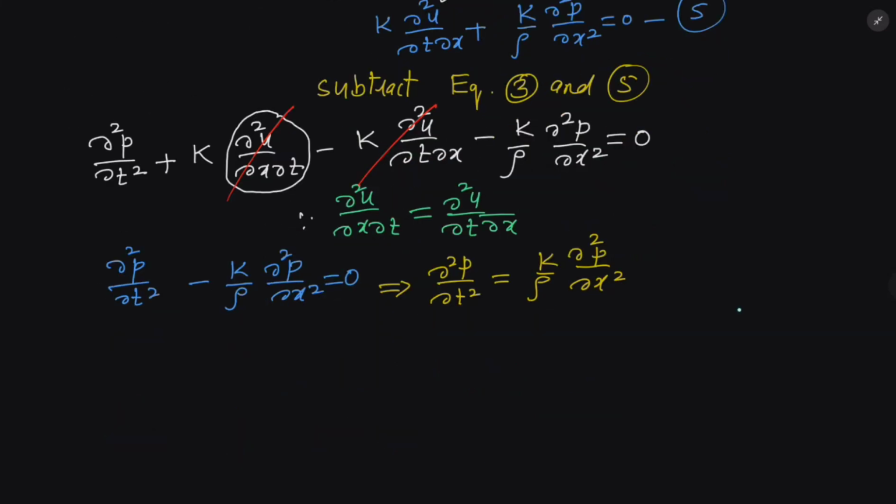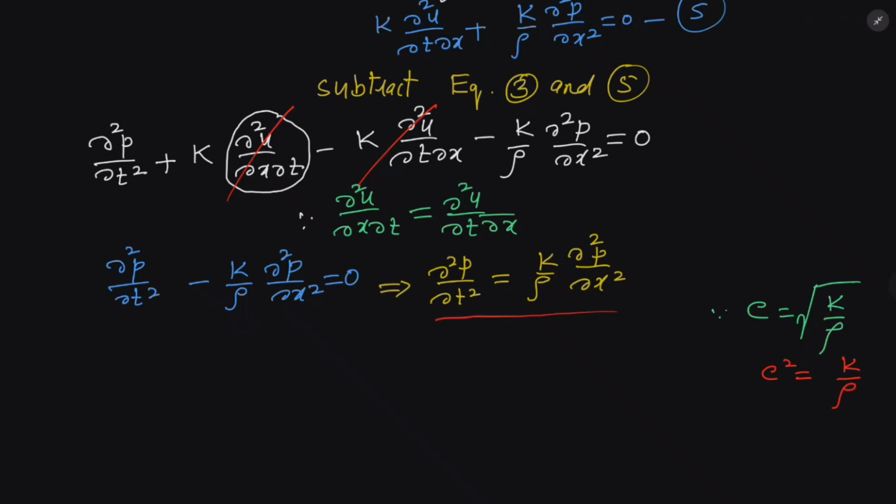As we know, the formula for the speed of sound in air is c equal to the square root of k over rho. When we square both sides, c square will be equal to k over rho.